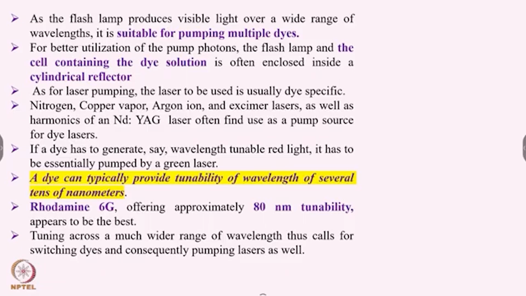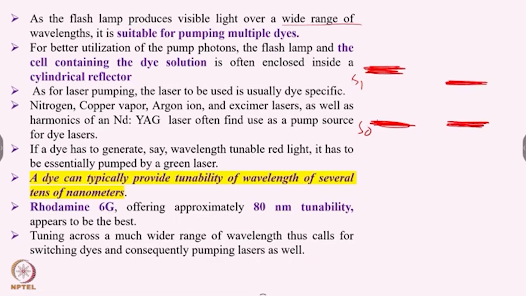As the flash lamp produces visible light over a wide range of wavelength, it is suitable for pumping multiple dyes. For example, you have two dyes. Say one dye, this is S0, this is S1. And for another dye, suppose this is S0 and this is S1.